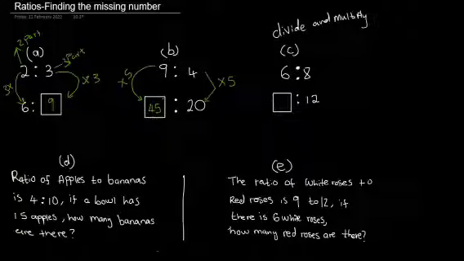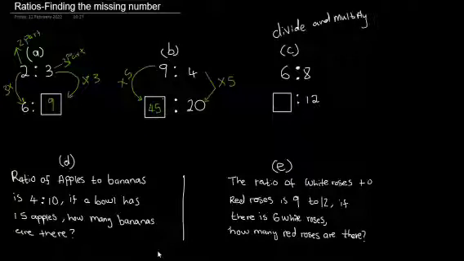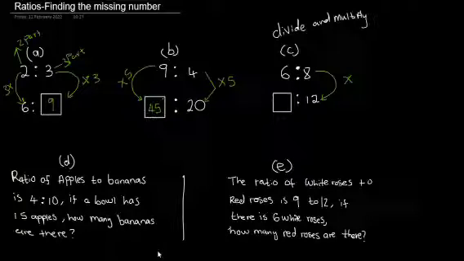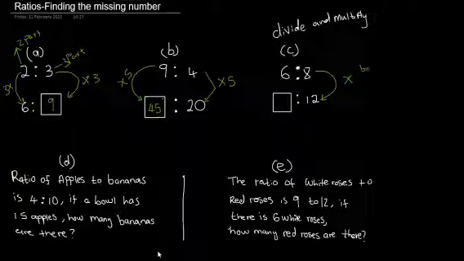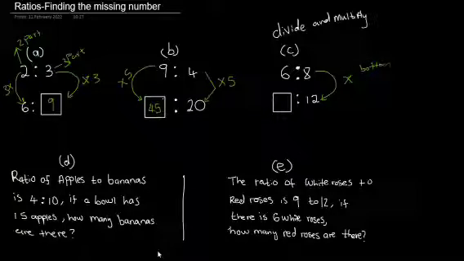Then how do we apply that method? To find the number that we are going to multiply by, for the number we have been given all the data for, we take the number at the bottom. To get from 8 to 12, you multiply by the bottom number and divide by the top.